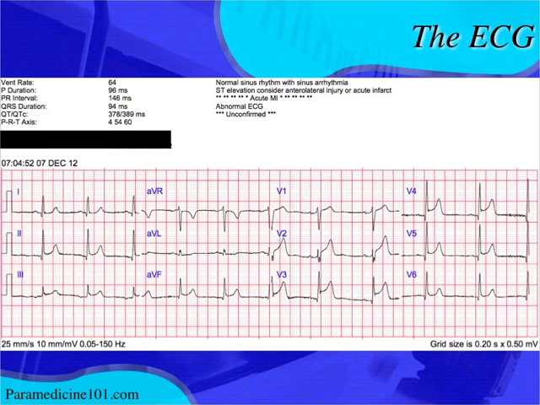So let's start looking for other stuff. We've got the rhythm down, all our intervals look okay, and we do obviously see some ST changes. We see lots of ST elevation, and we have it here in V3. There's a lot in V3, and a lot in V2 right here. Compared to the QRS complex, the size of that QRS complex is pretty small in V2, so that amount of ST elevation is significant.